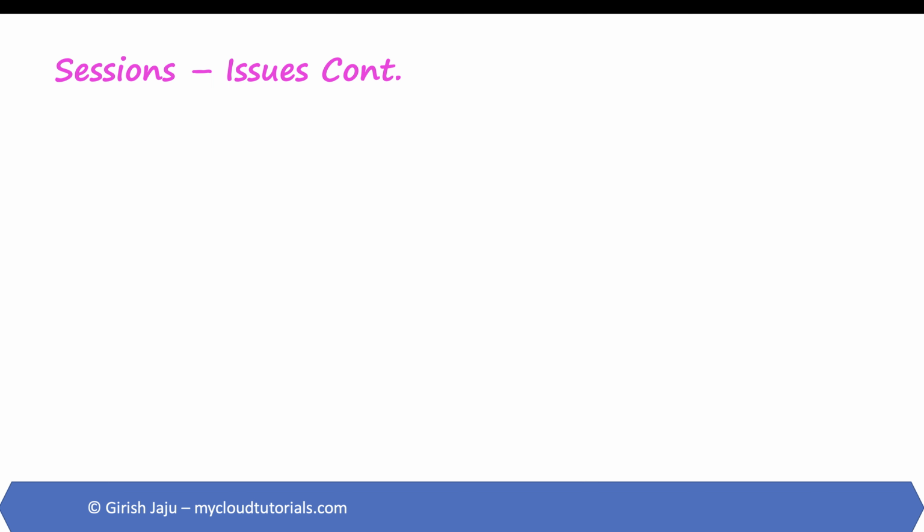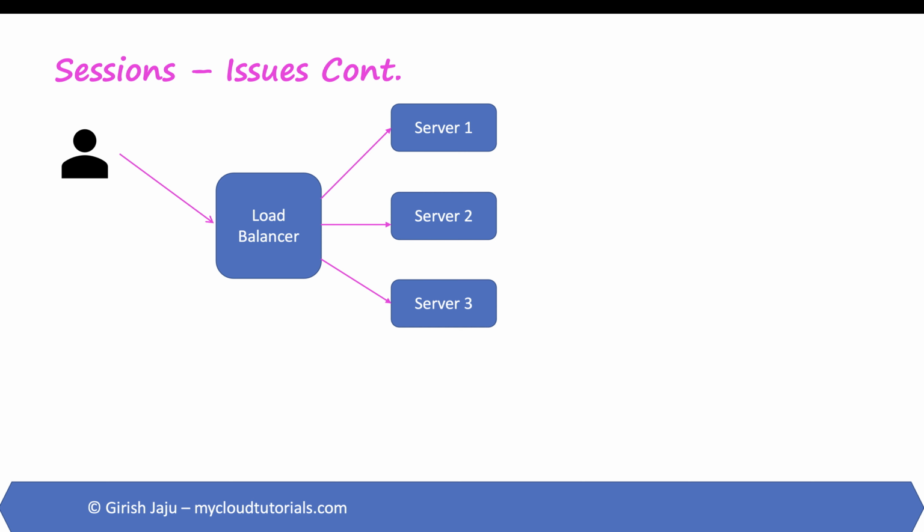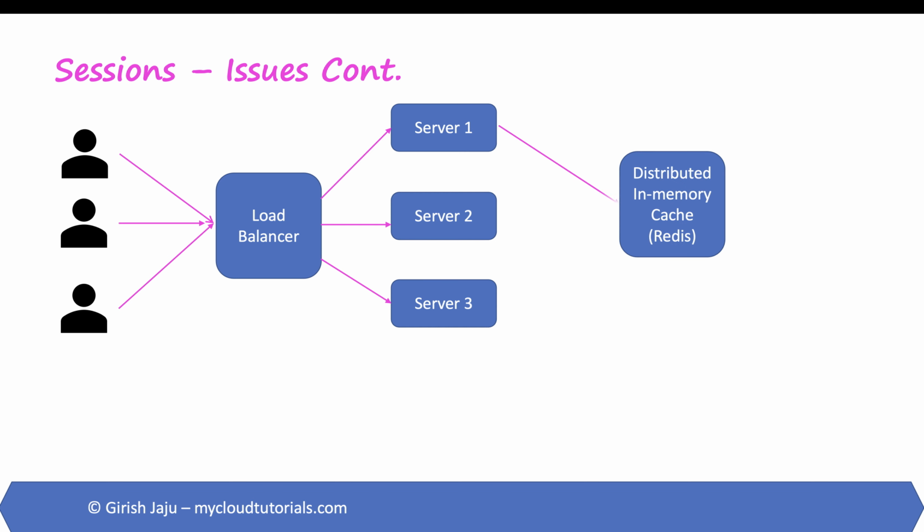Okay, let's see another approach of designing with a session-based flow. We have a load balancer as before with multiple servers and multiple users sending requests to the individual servers. Now in this case, instead of storing the session on the server itself, we store the session on a distributed in-memory cache, for example, Redis.